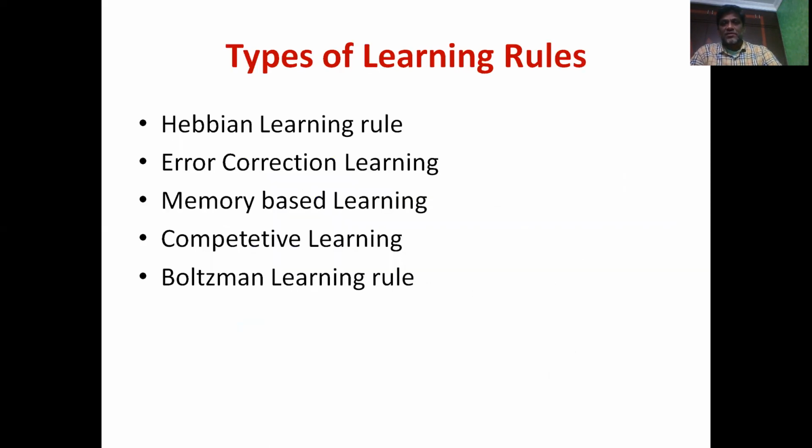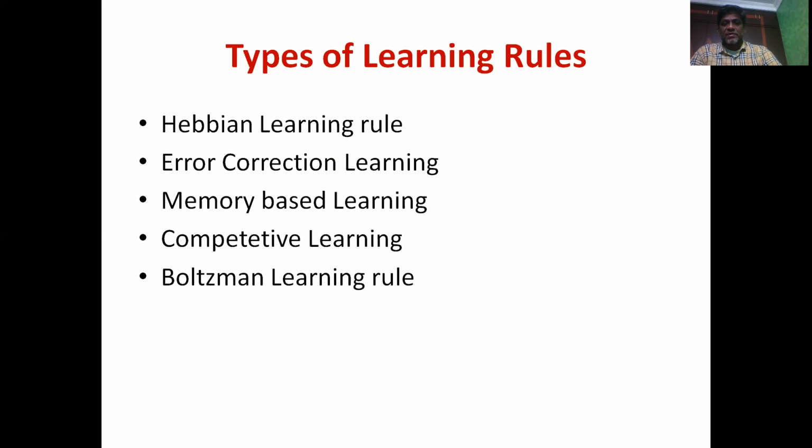There are several types of learning rules available. Among those, only a few are listed here. It is not limited. Many other learning algorithms are also available, but in our syllabus we have only four learning algorithms. The first one is the Hebbian learning rule. The second one is error correction learning.